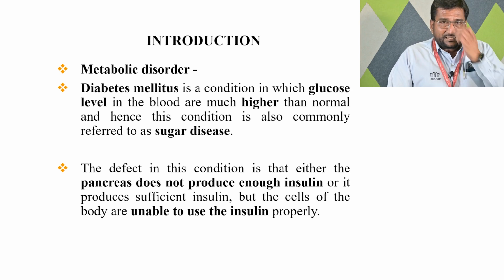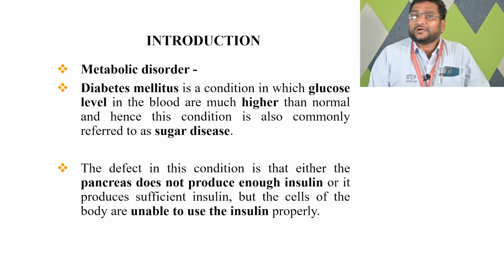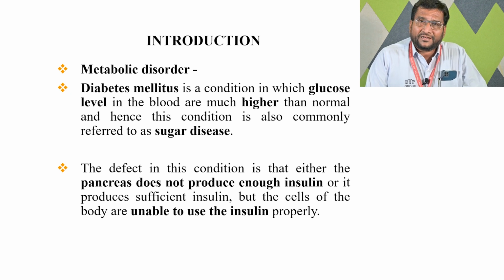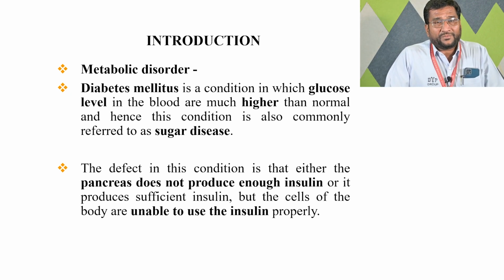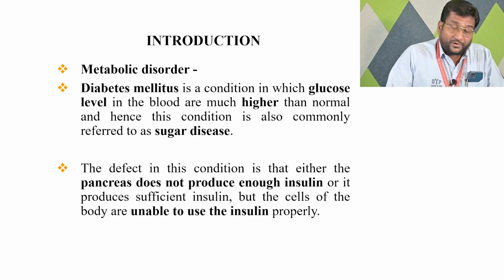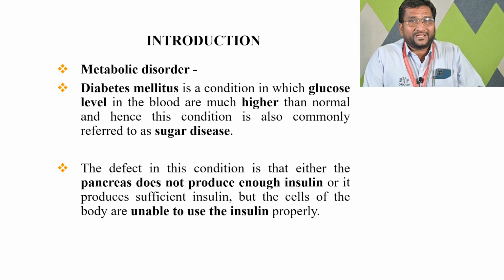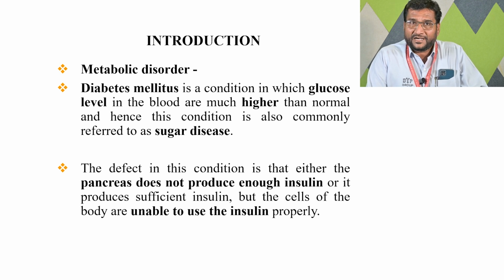According to these statistics, it is clear that in the coming years, more than 27% of the Indian population is going to suffer from diabetes mellitus. And as far as overall world data is concerned, 10.4% of the world population, aged between 20 to 70, is suffering from diabetes mellitus.